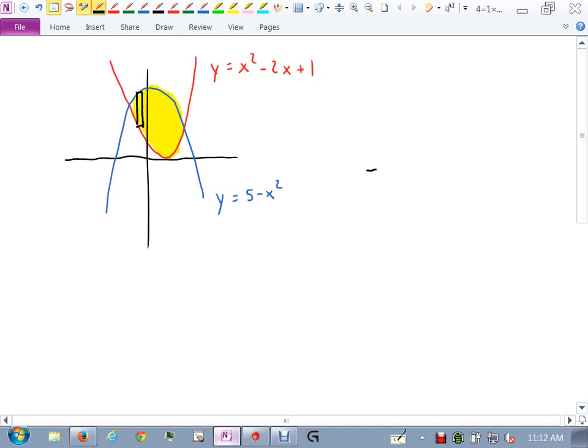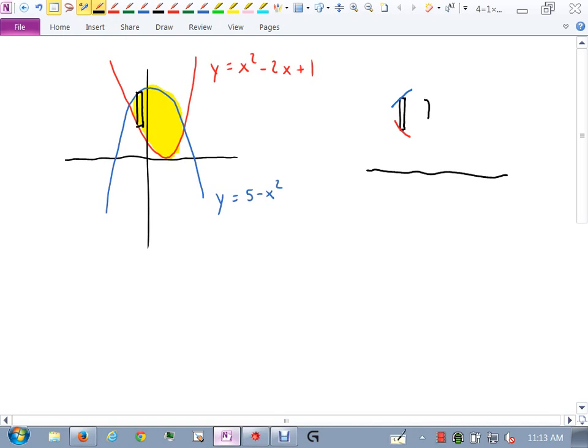So if I look at this right here, got my rectangle like that, got the red function coming in on the bottom, got the blue function coming in on the top like this, right? So the area, I want to know the area of that little piece. The width of that piece is dx, so I need the height of it.